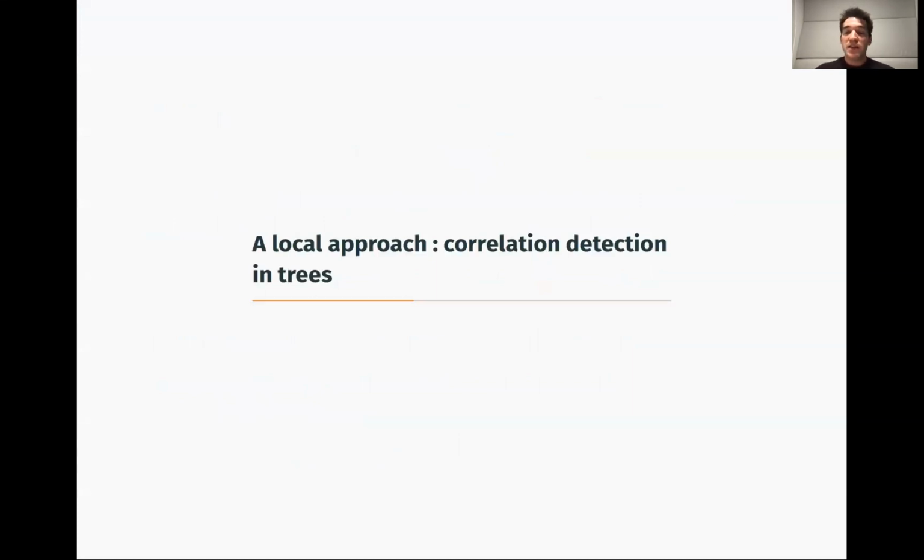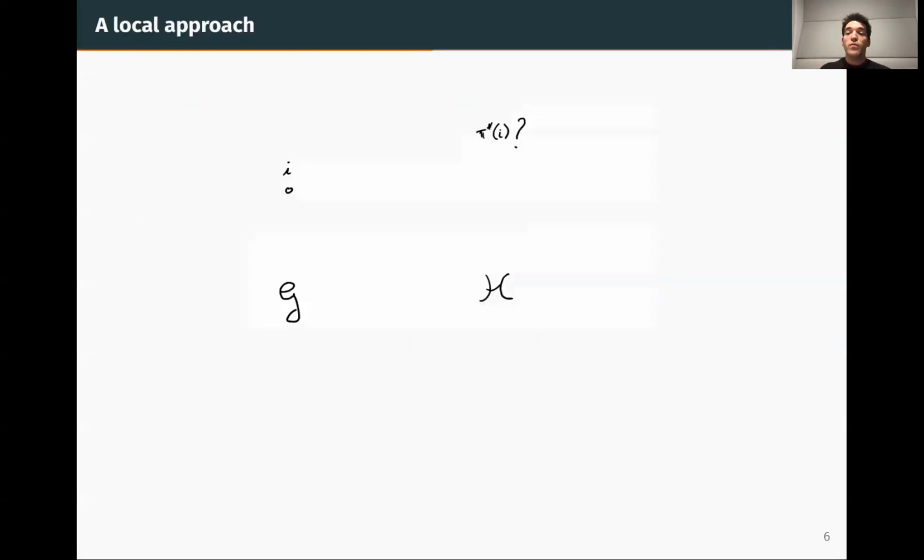What we investigated in this paper is a local approach to this problem. Since we are in a sparse regime, we'll see that there is a connection between this graph alignment problem and another one, which is correlation detection in trees. So why is that so? Well, now we are looking only at the marginal.